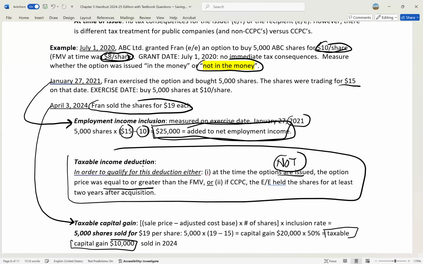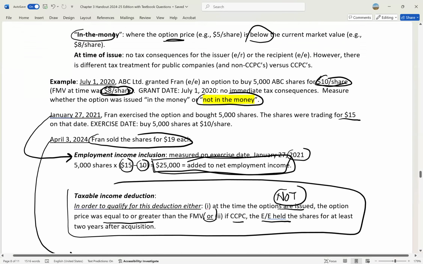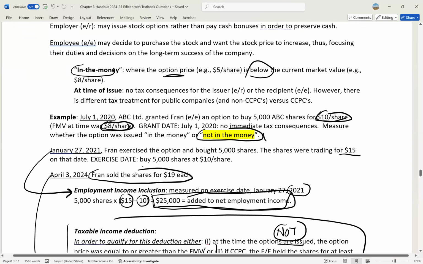That's one way to qualify for a 50% deduction. The other way is if the company that gave you the stock option was a CCPC and you, the employee, held the shares for at least 2 years before you sold them, you would also qualify for the 50% deduction. But you only have to qualify one way, not both. This is an or statement. So because the option was issued or granted not in the money, she qualifies for this 50% deduction.